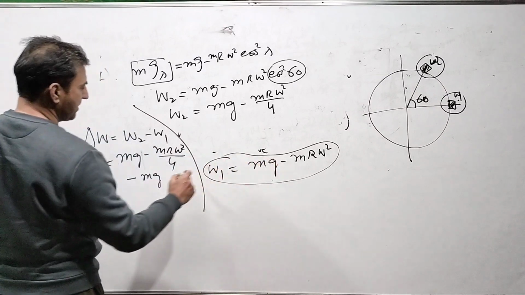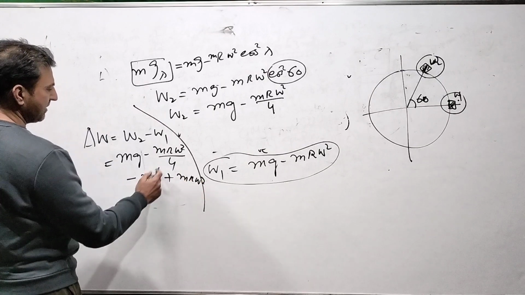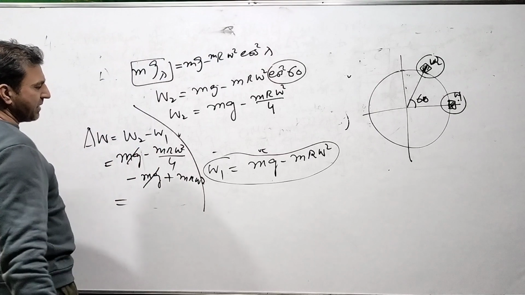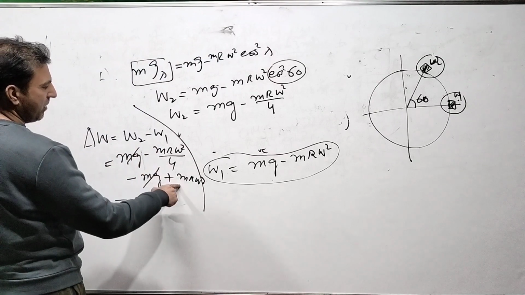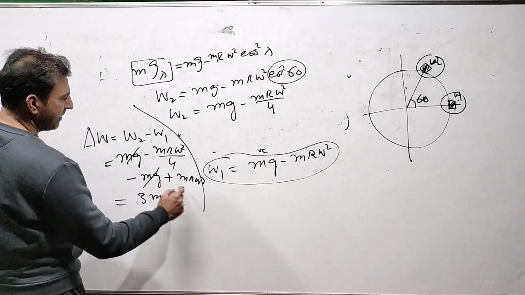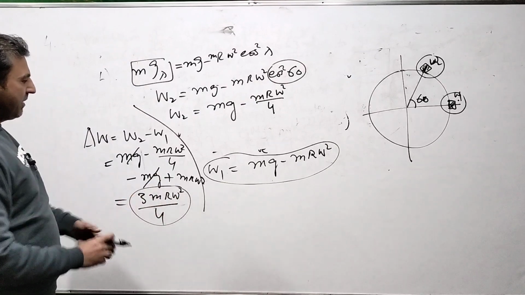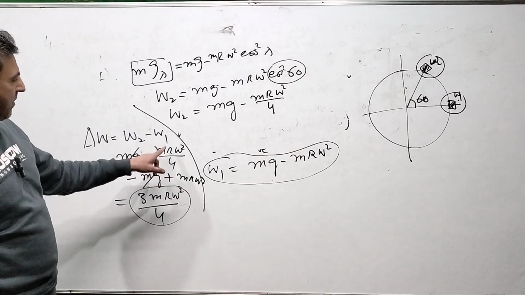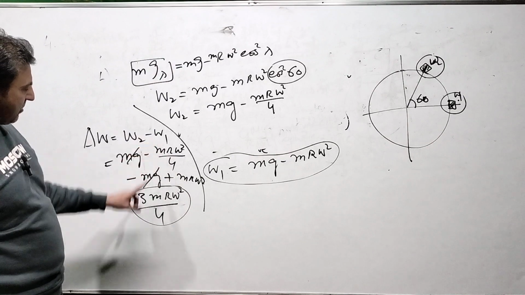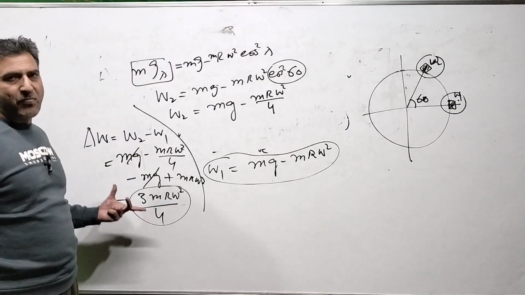Minus into minus means plus, and m g cancels off. So this is equal to m r omega square minus m r omega square by 4, that is 3 m r omega square by 4. This is the answer. So this is the change in weight.